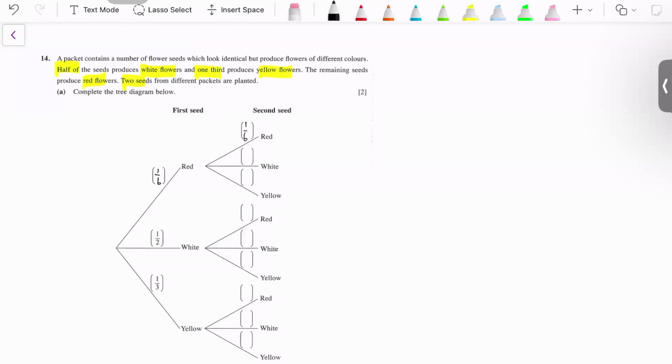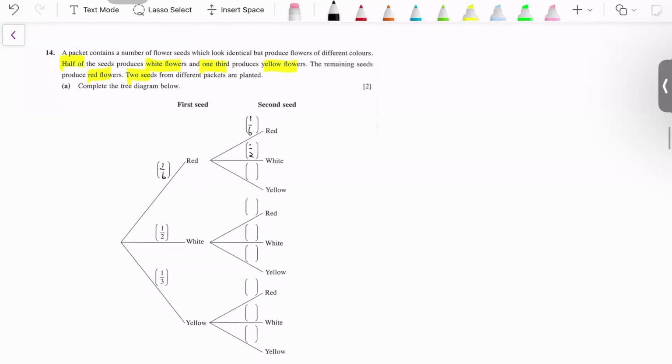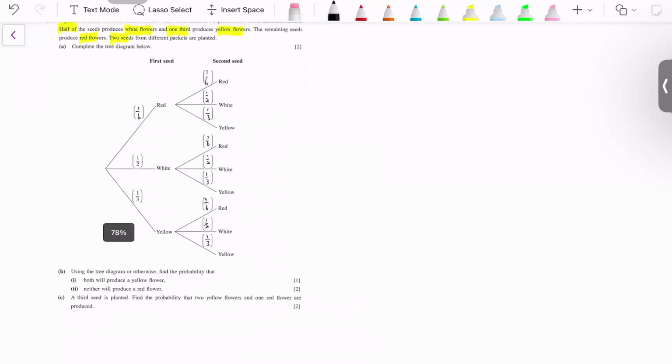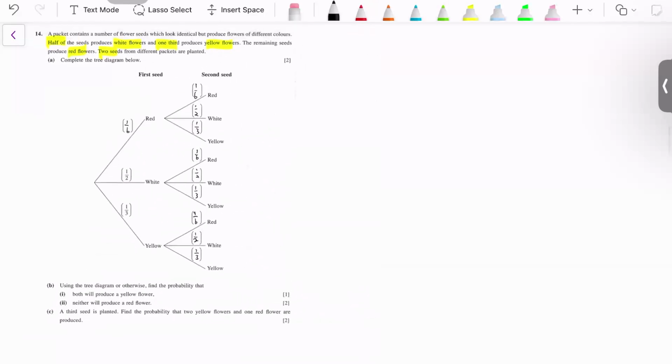So it's 1/6 for red, half for white, one third for yellow. It's the same for all. Okay, so in this case, using the tree diagram or otherwise, find the probability that both will produce a yellow flower.